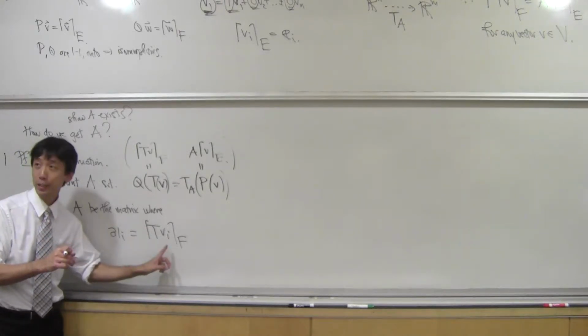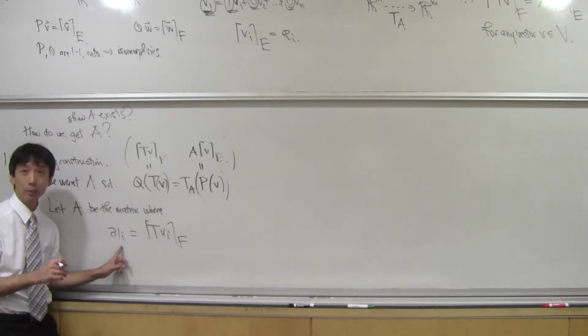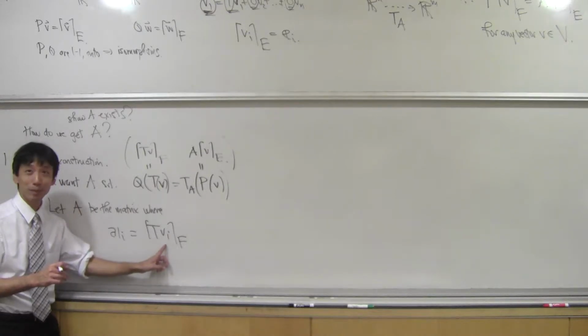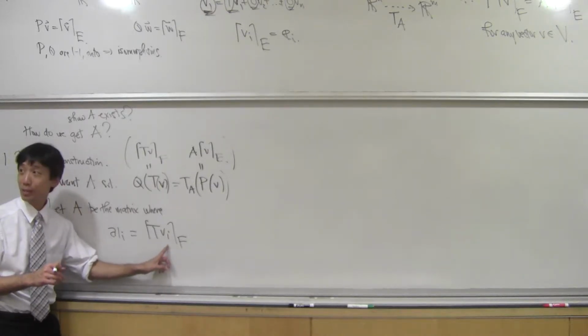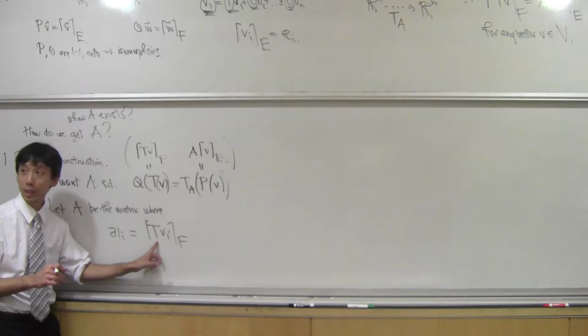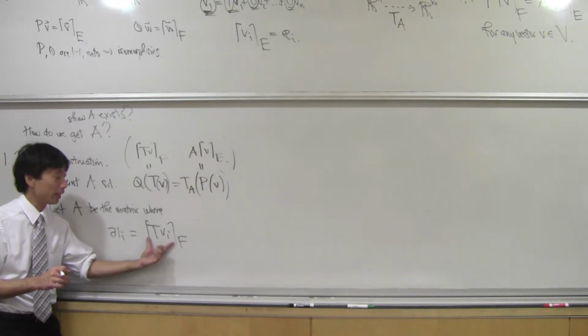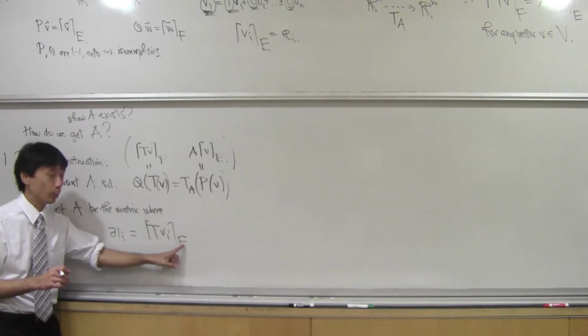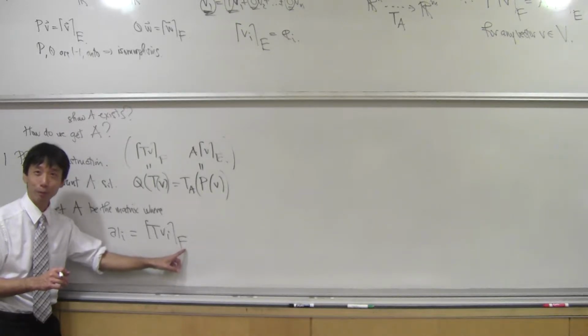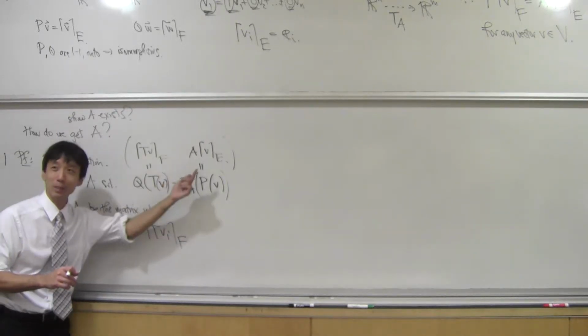So if I want the first column, what do I take? I take the first basis element. I hit it with the transformation, and then I look at that guy's coordinate vector with respect to F. What was F? The basis of the target space.